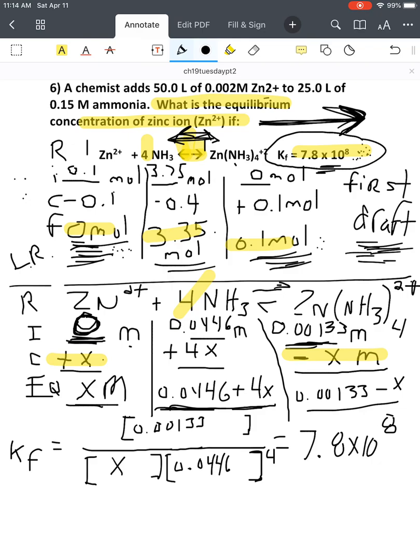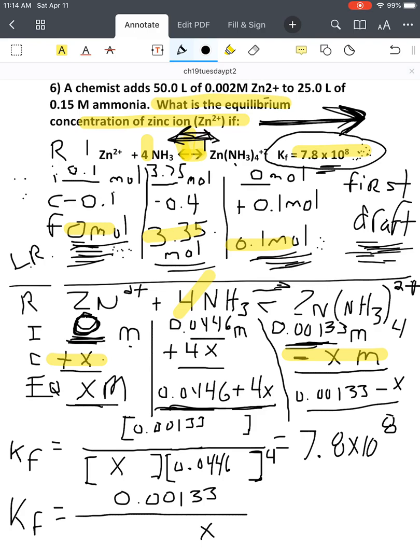Because I got rid of that variable in the numerator and the denominator. And the net effect of all this is that the numerator reduces down to 0.00133, and then all I need to do in the denominator is raise that concentration to the 4th power.